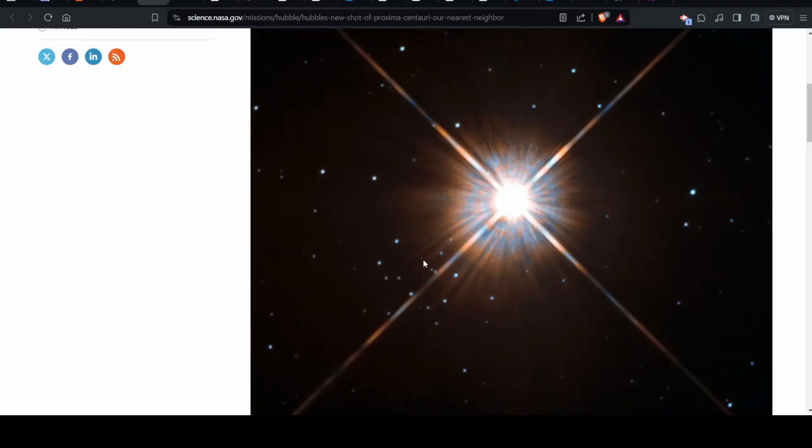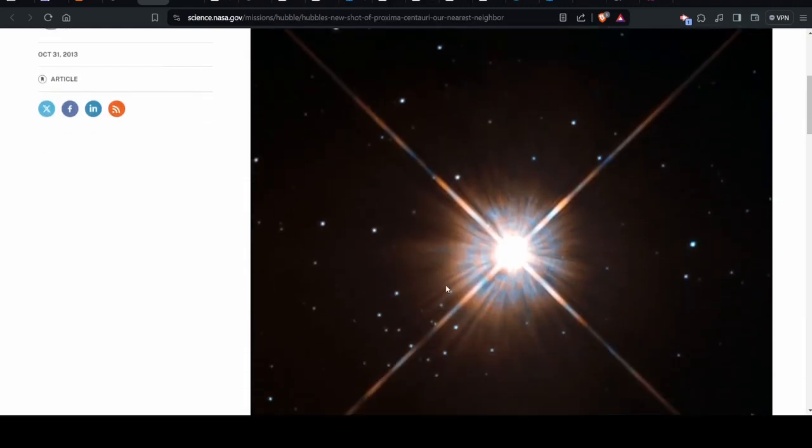But most people are not going to be very impressed with observational astronomy, not what you can do on the ground with the telescopes that we have on hand, because they usually just end up looking like this picture I've got on the screen. This is Proxima Centauri, but it looks like just a bright overexposed picture. It's not that impressive to look at.